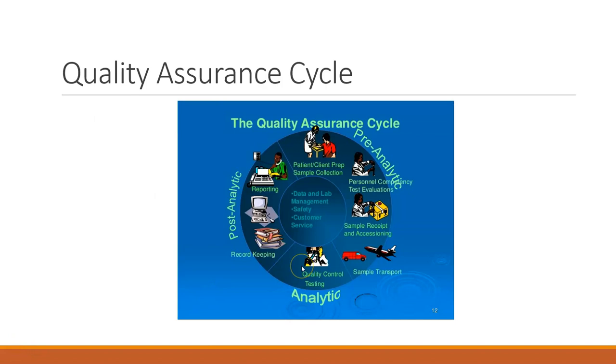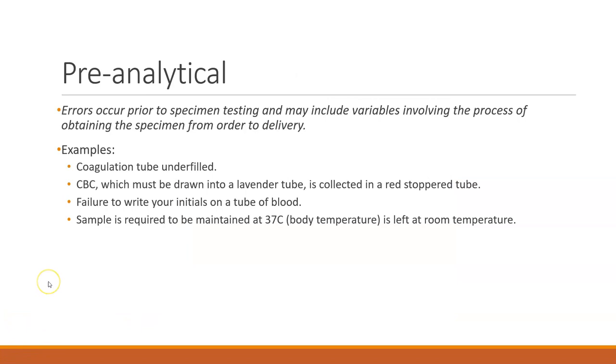This is a very nice illustration of the quality assurance cycle, and it pictorially shows you the difference between the pre-analytic, analytic, and post-analytic. So pre-analytical errors, defined, are errors that occur prior to specimen testing and may include variables involving the process of obtaining the specimen from order to delivery.